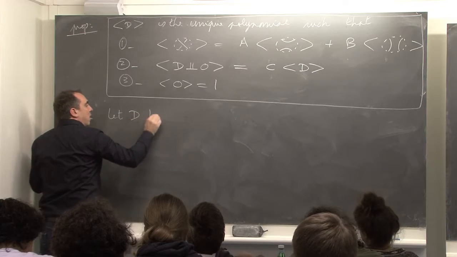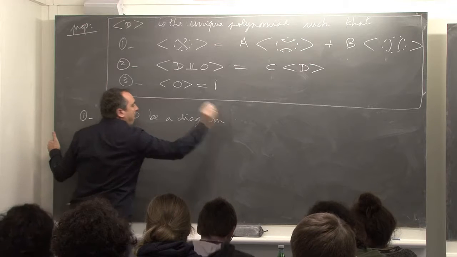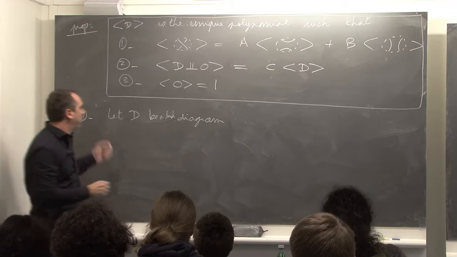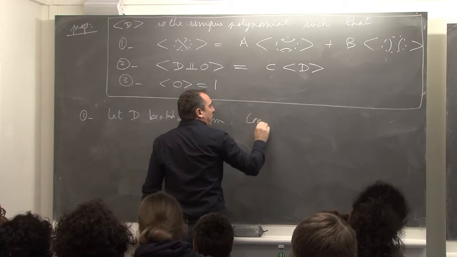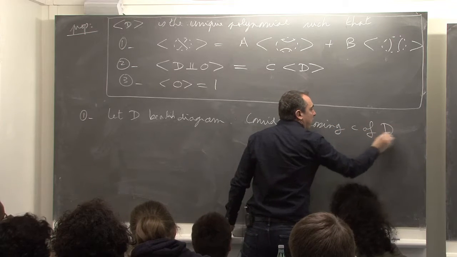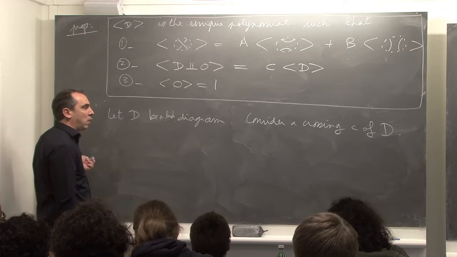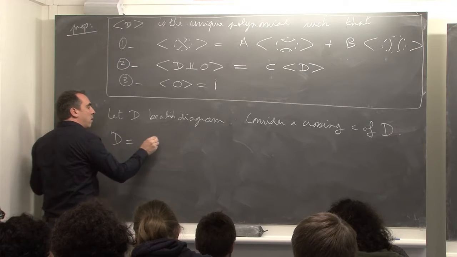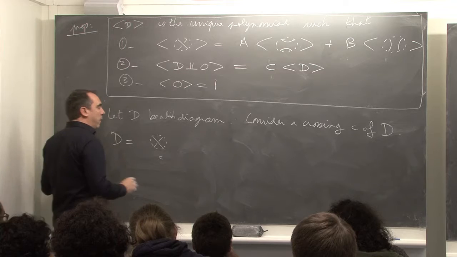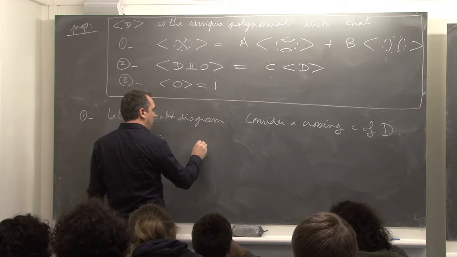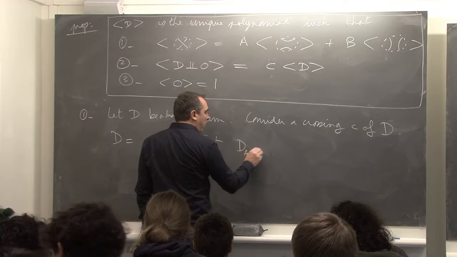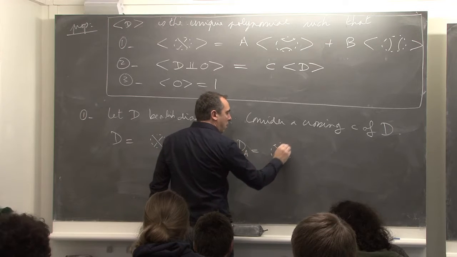Let D be a link diagram, and you consider a crossing, let's call it C, of D. So inside D, you have the crossing C. And then you define dA to be this link diagram.